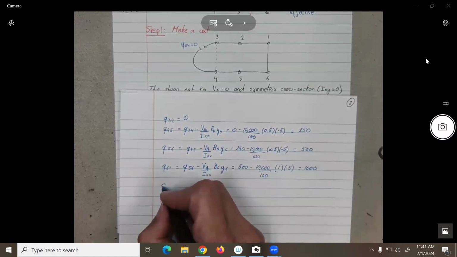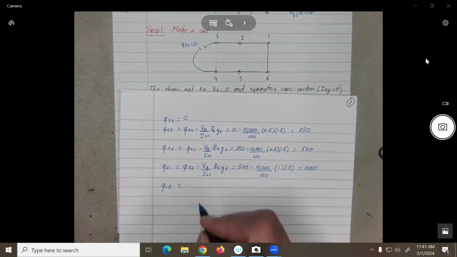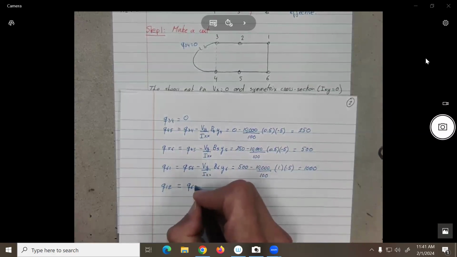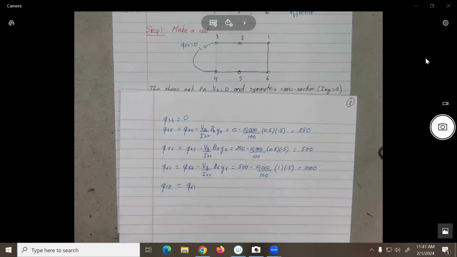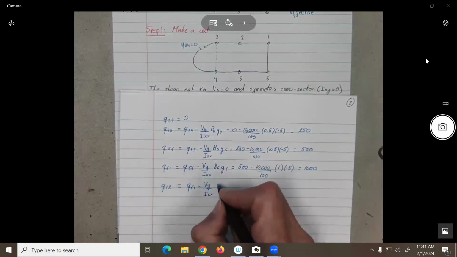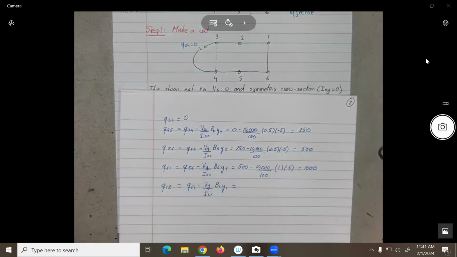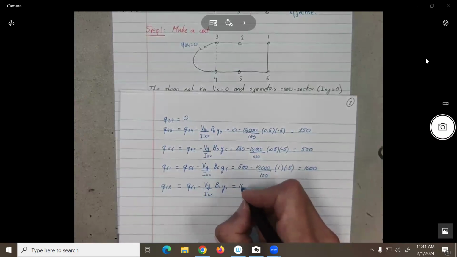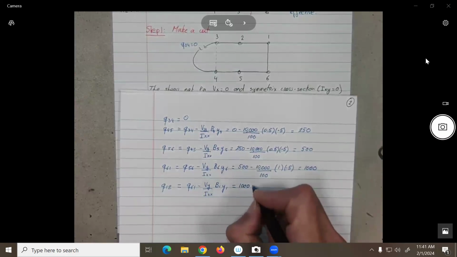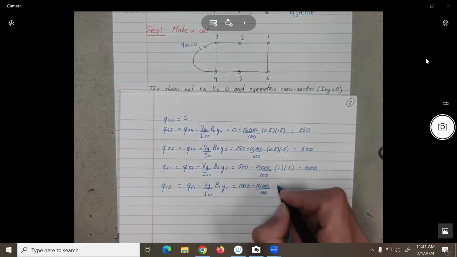Now Q12 will be equal to what? Q61 minus Vy over Ixx B1 Y1. Q61 is equal to 1,000 minus 10,000 over 100.